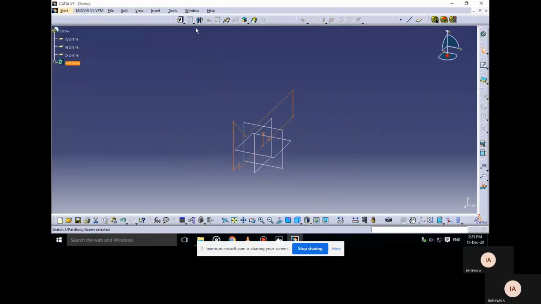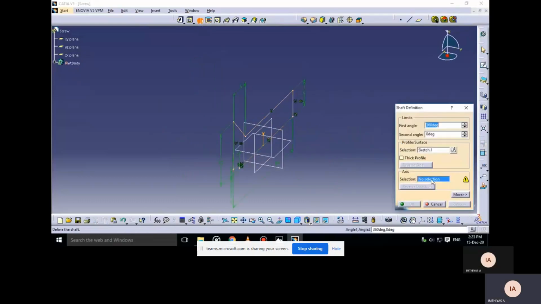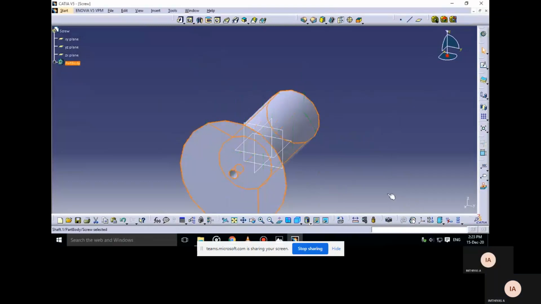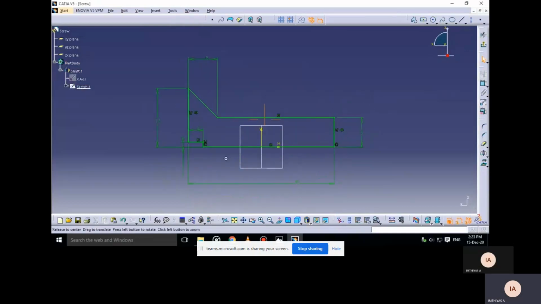So using the shaft command, we will revolve the screw. We have to reconstruct it.